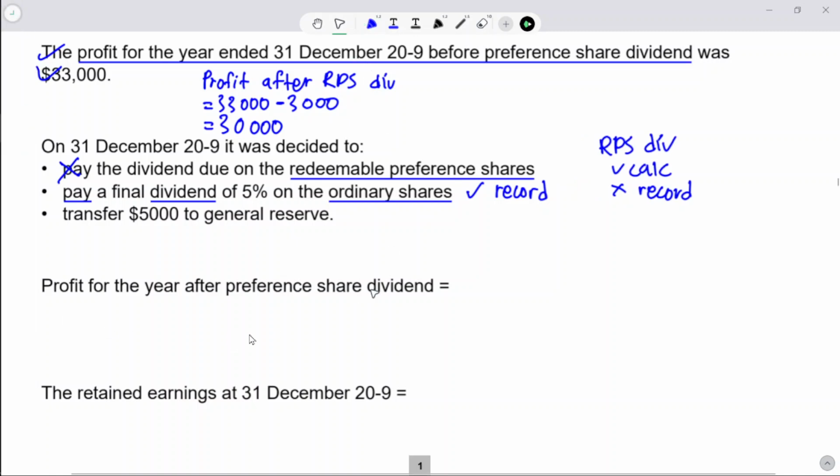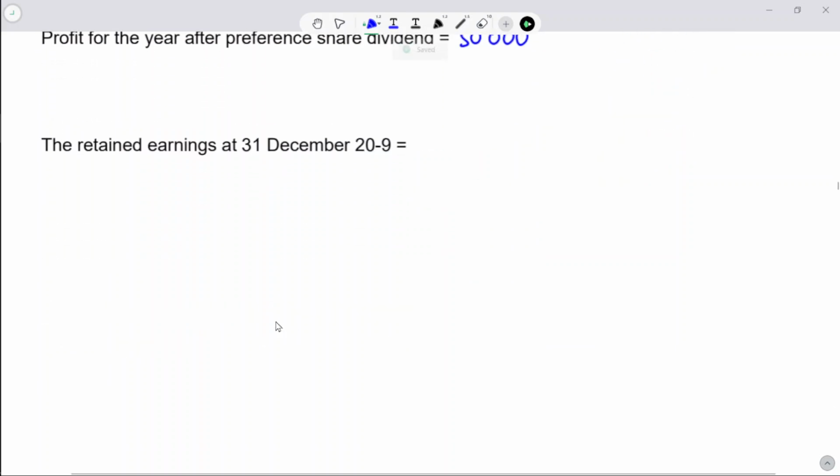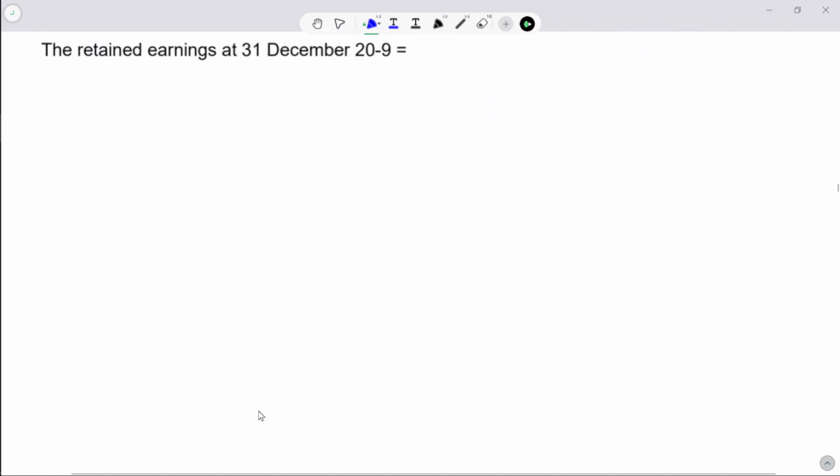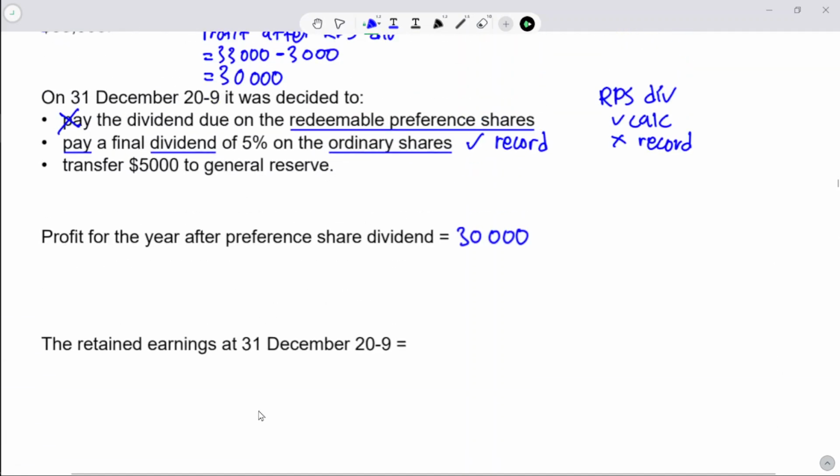So let's say this one profit for the year after the dividend, which just now we found out is 30k. Then the retained earning at this day. Okay. It didn't give us any format, right?